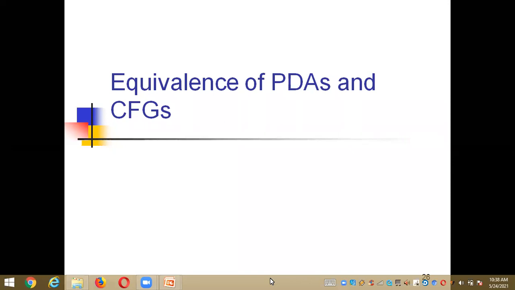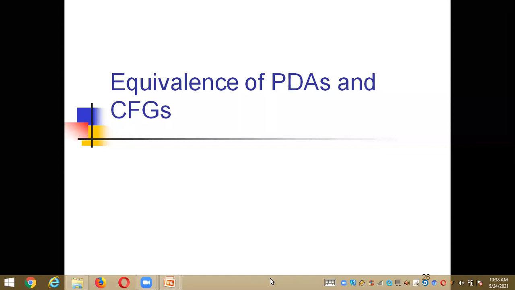Also in the last classes I covered the concept of acceptance of input strings by final states as well as by empty stacks, and I explained those with theorems, right? The other concept we're going to learn is the conversions of PDA and CFG. Before entering into the conversions, first you need to know the equivalence of PDAs and CFGs, and then we will learn the conversion from CFG to PDA as well as PDA to CFG.